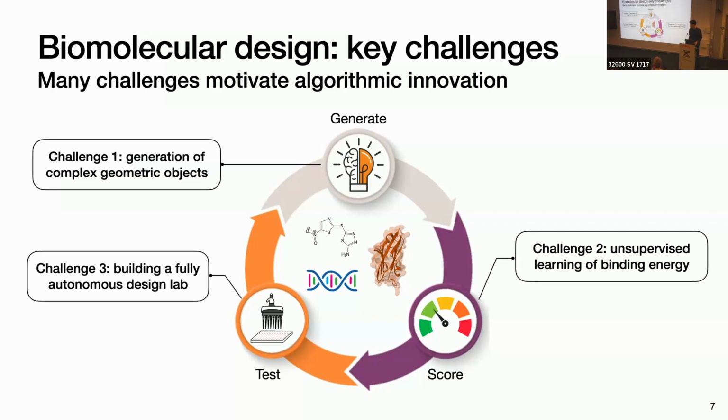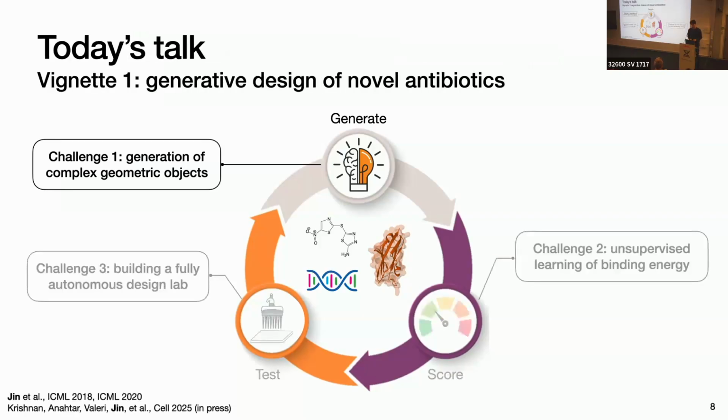We'll also talk about how to integrate all these machine learning models with a physical lab to build a fully autonomous design system, so that you can actually do closed-loop design with multiple iterations. We'll start with the first component: how to generate complex geometric objects, particularly graphs, and how to apply that to design new antibiotics.